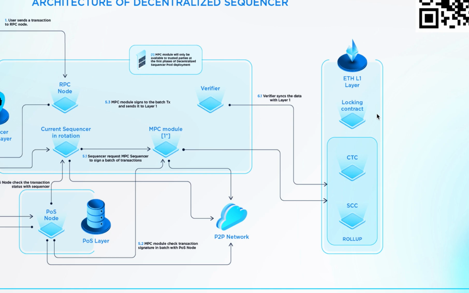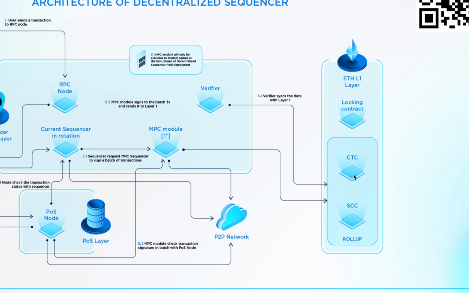Layer 2 scaling solutions offer scalability, which most layer 1 solutions don't have, and they are still secure because they use Ethereum security. Now the rollup contracts, we have CTC and SCC.